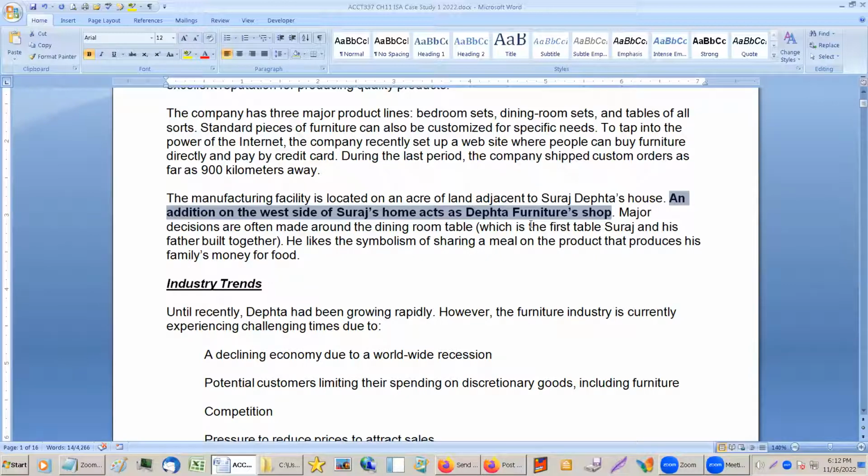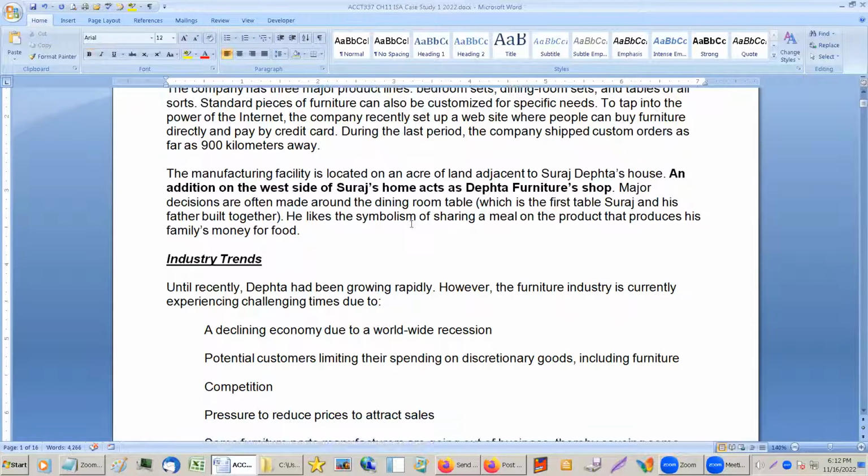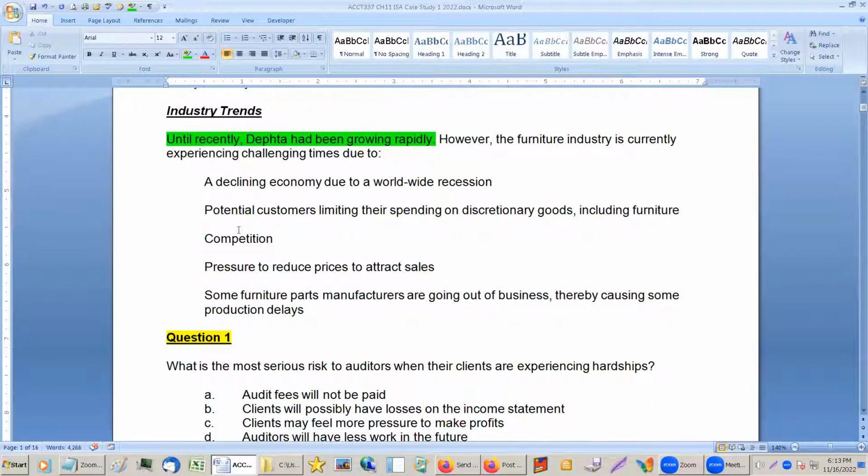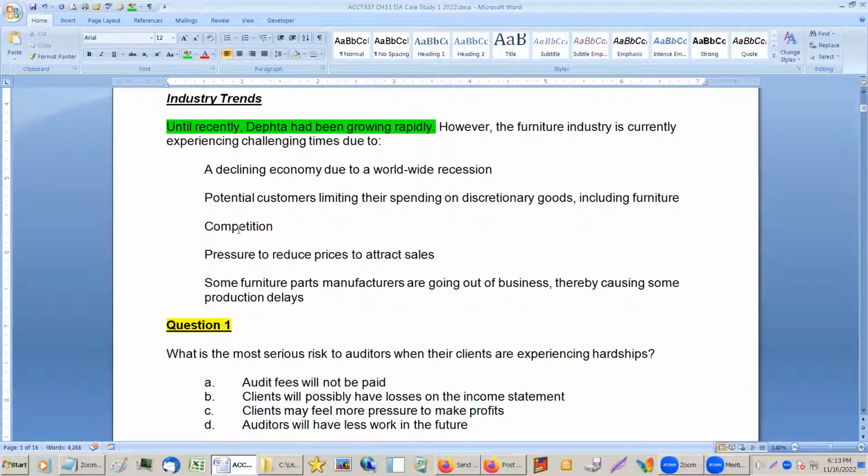People would have the shop downstairs or something, and family would be upstairs or whatever. Okay, so it has been growing rapidly until recently. Challenges. Okay, so possible downturn.